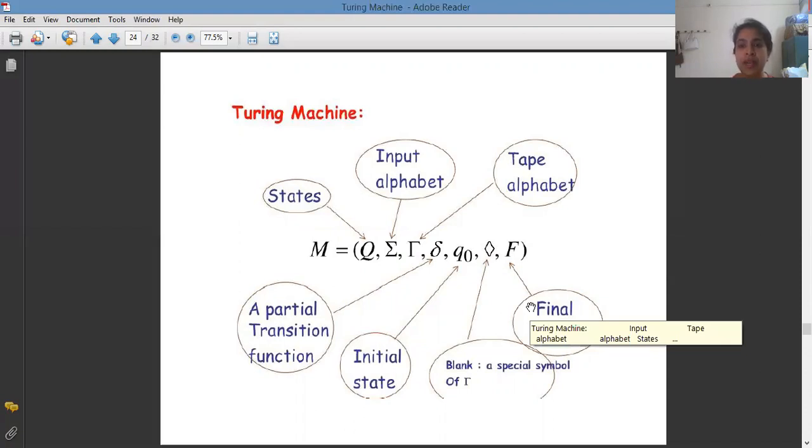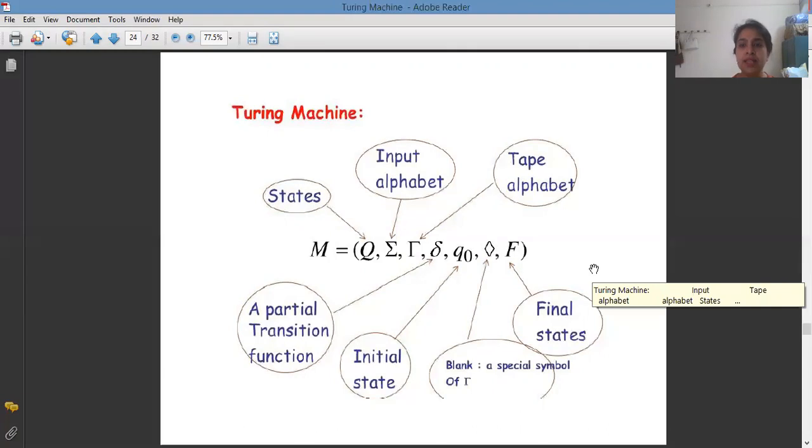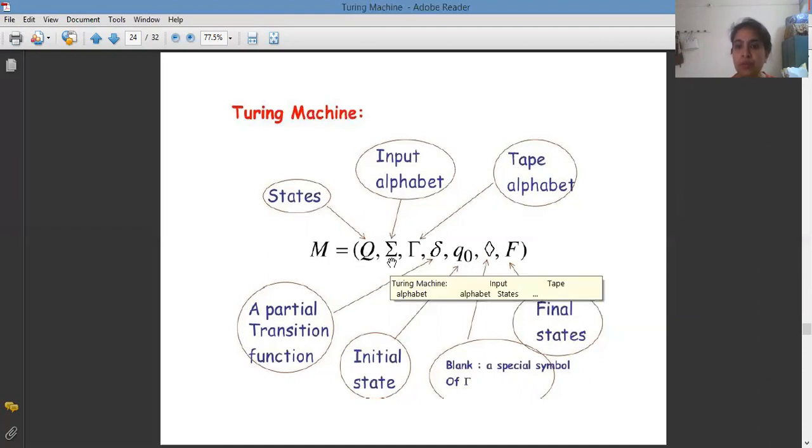What you will find in your textbooks is that it is defined as a mathematical model of a machine with 5 tuples: Q, sigma, tau, delta, and Q0. But some authors also define it with 7 tuples. It doesn't make any difference; it's as good as the same. Q is the set of states. Sigma, you all know, is the set of input alphabets on which we design the language.